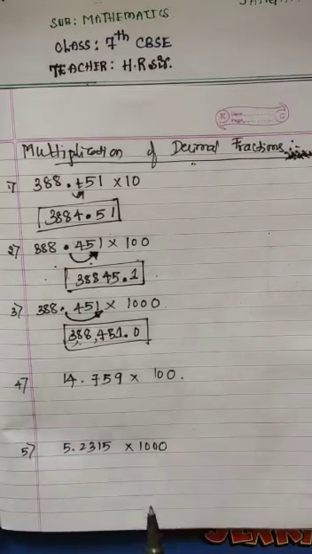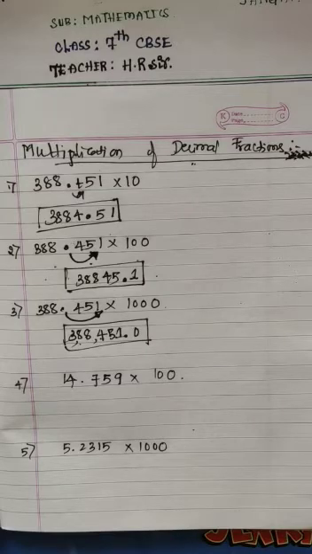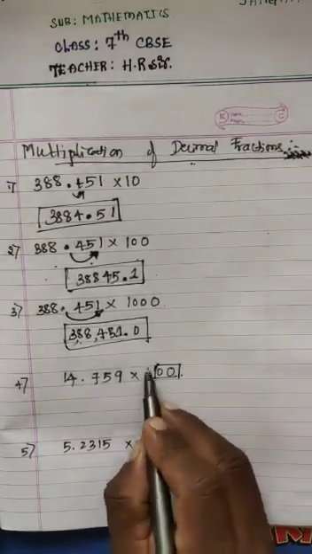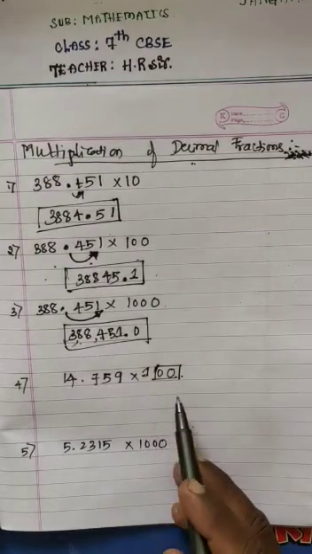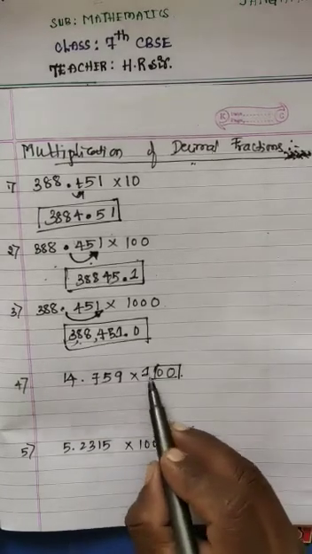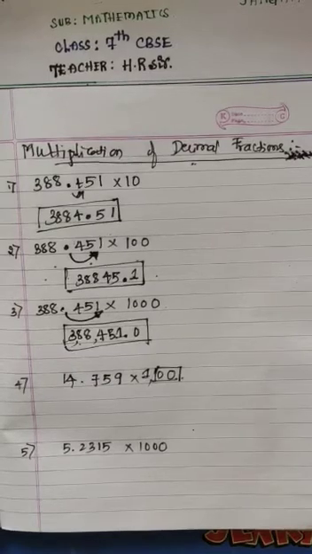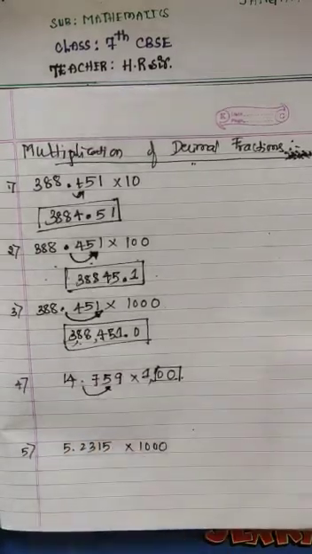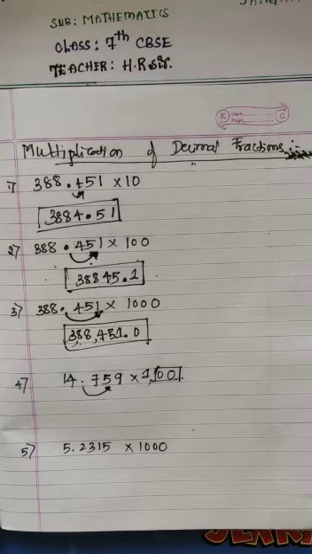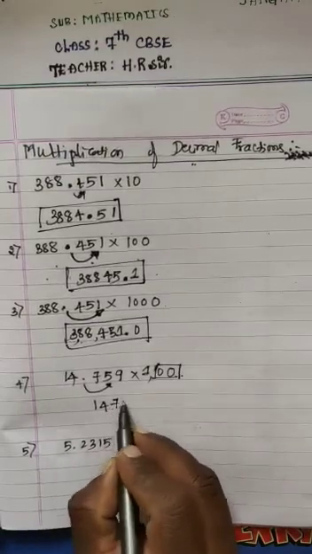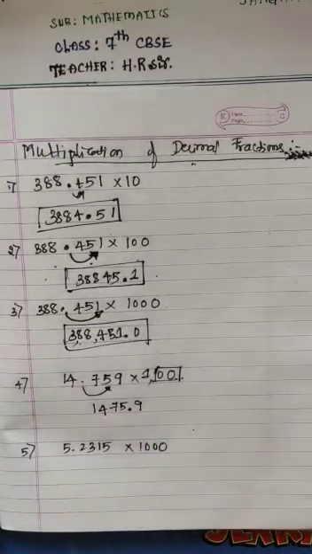When we multiply by 100, we know the number of zeros in the multiplier 100 after 1 is 2, so the decimal point will move two places to the right, that is 14 after 75 by putting the decimal point, so we get 1475.9.